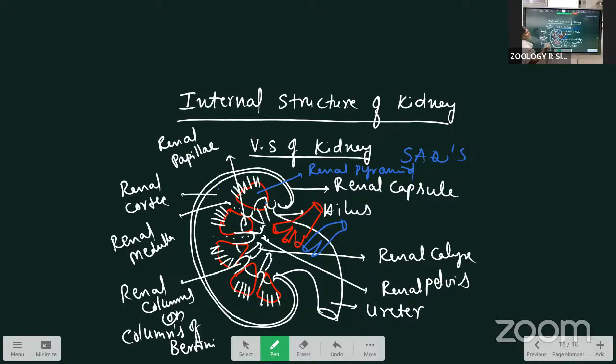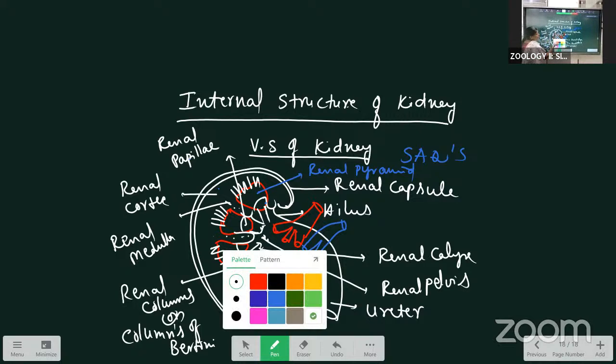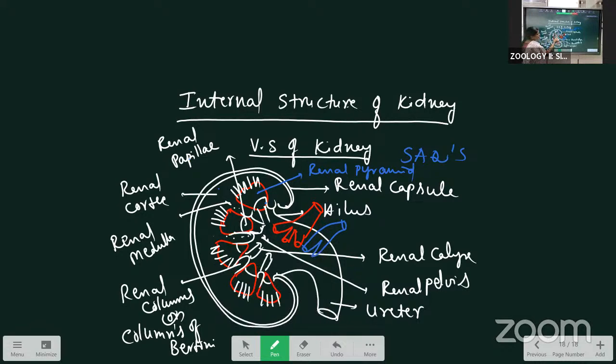Inside the renal pyramids, a number of nephrons are present. Between two pyramids, the cortex projects inward, and we call these the renal columns of Bertini. Clear? This is about the internal structure.